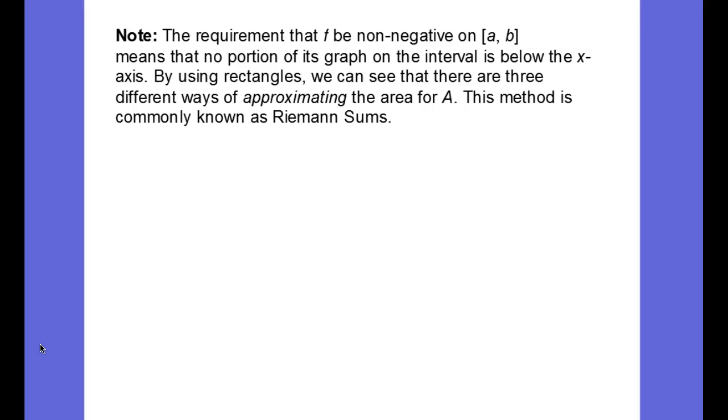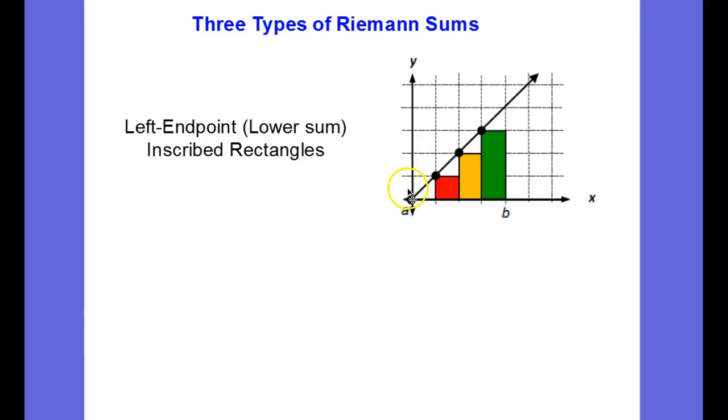First, let's take a look at the left-hand Riemann sum. Here we have a function which is essentially a linear function, and we have fixed-width rectangles. All of these rectangles have a width of 1 unit, and we can determine the height of the rectangle by the intersection of the corner with the function itself.